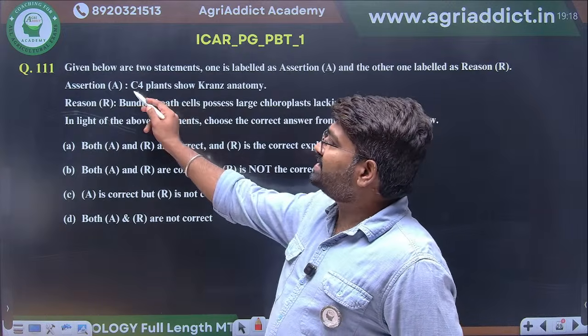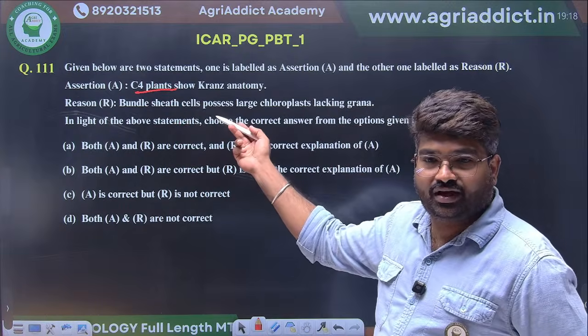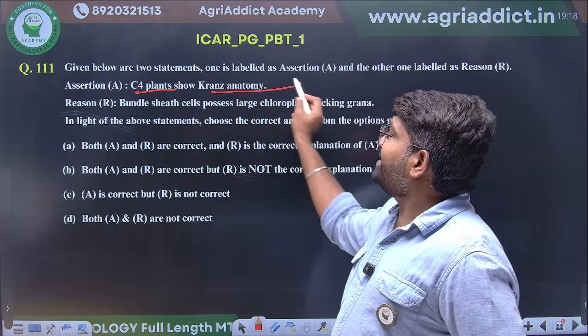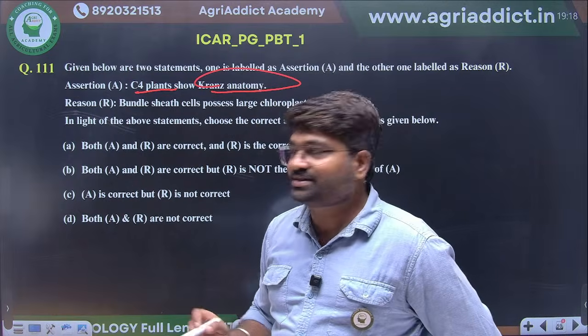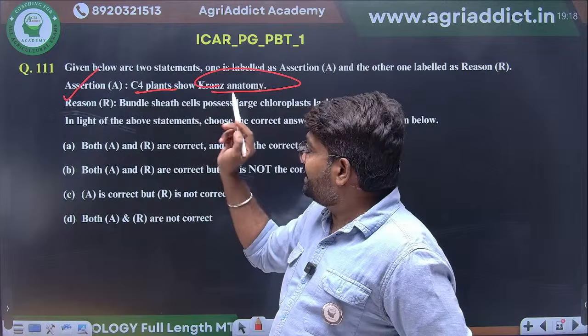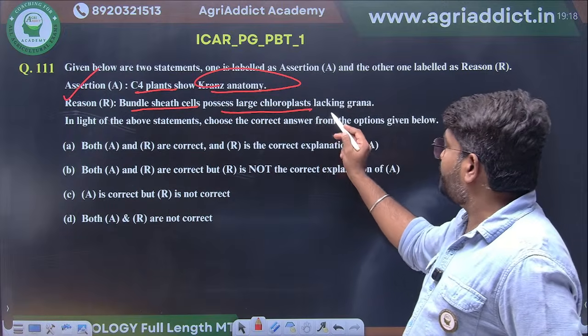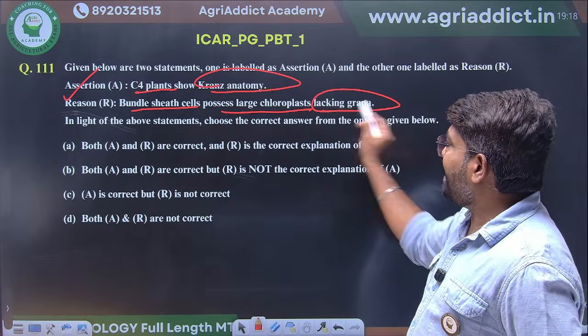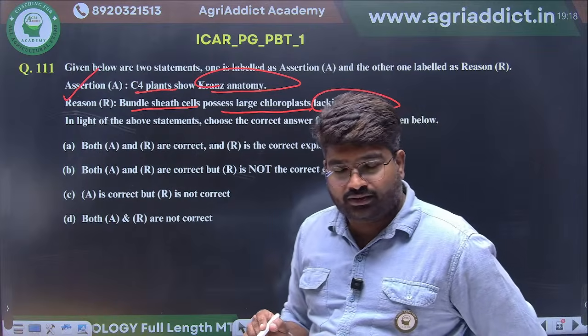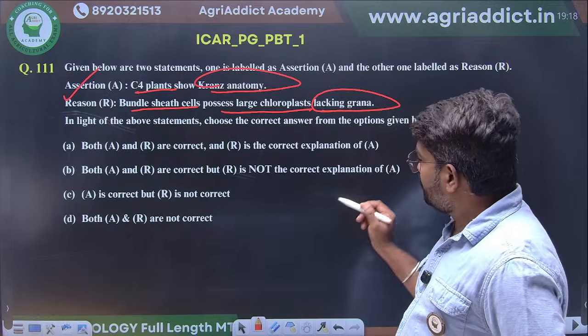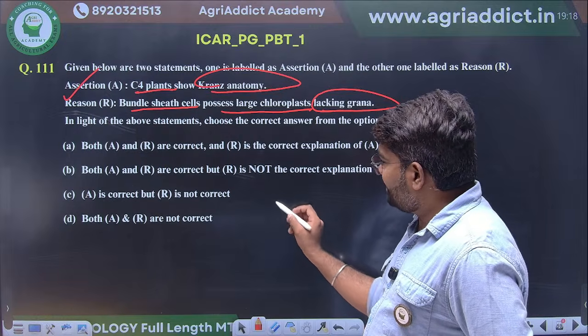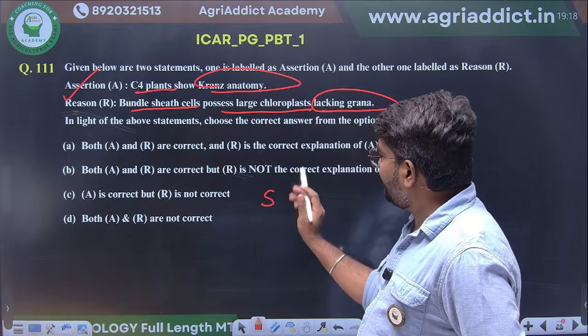Another simple question. C4 plants, we already know, Kranz anatomy will be there in C4 plants. This is true. Bundle sheath cell possesses large chloroplast lacking grana. Before going to see that, first you have to tell the function of grana.